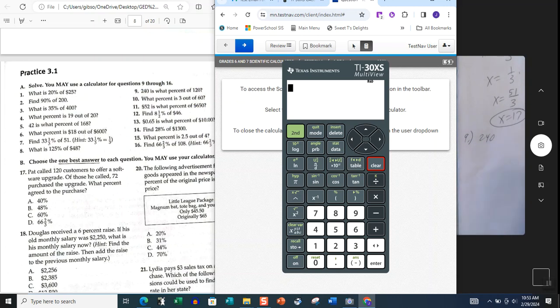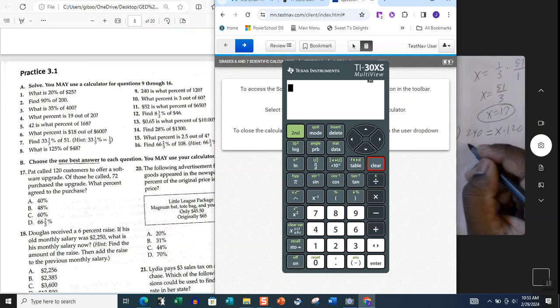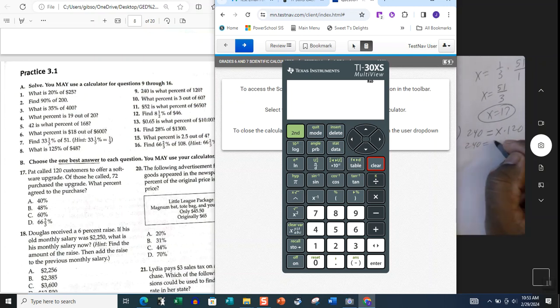So you have 240 is equal, what percent is x, of is multiplication, and 120 is 120. So this is your equation. So this would be 240 is equal to x times 120, which is 120x.